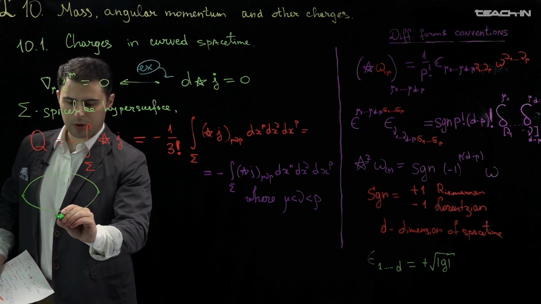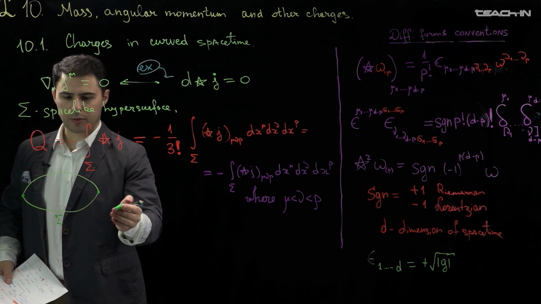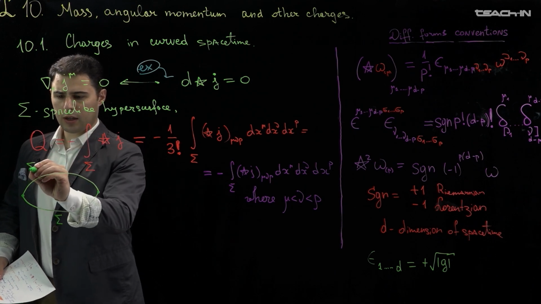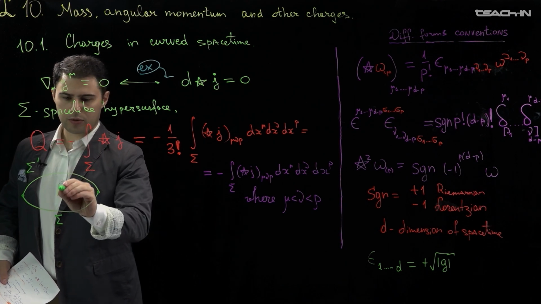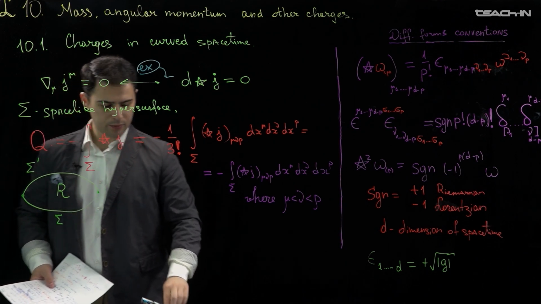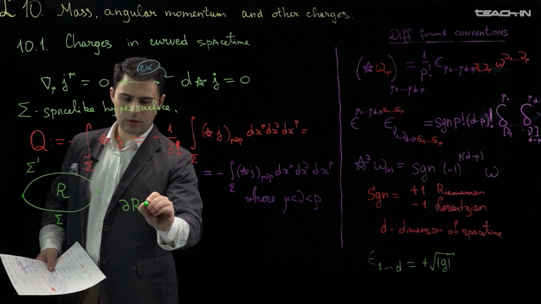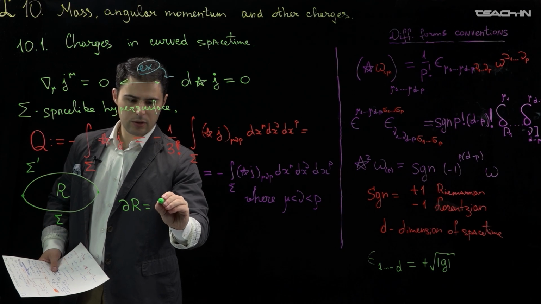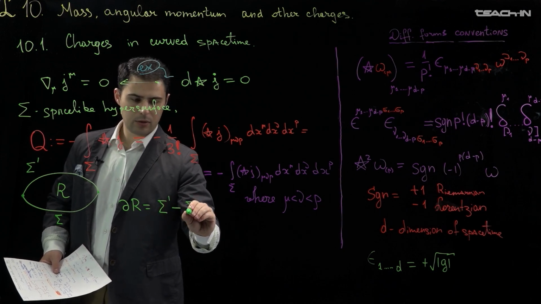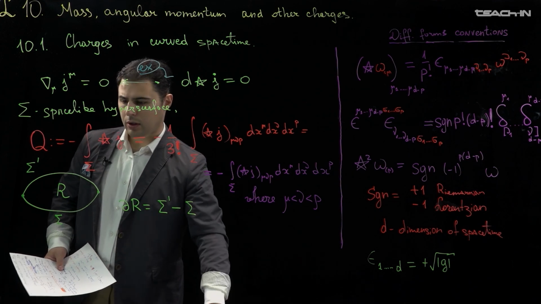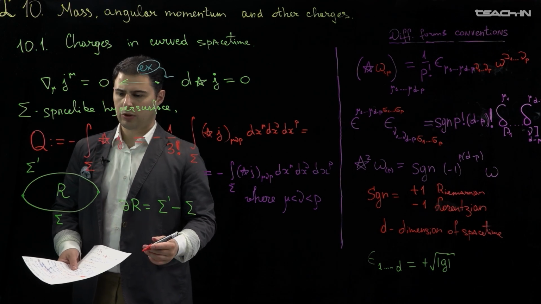Let this be the space-like hypersurface sigma, and let this be sigma prime. And together they enclose the region of the spacetime R. So in other words, the boundary of R is sigma prime minus sigma. This is related to the definition of how we go around the contour.